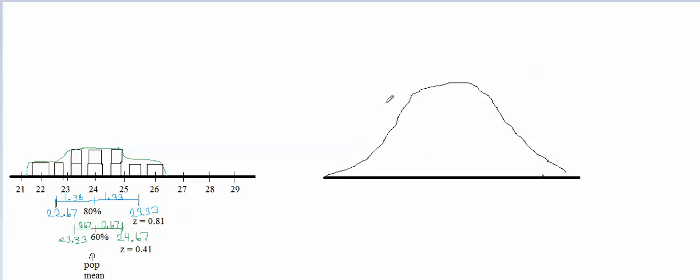But if the possible samples follow a normal distribution, then 80% of the possible samples will fall between these 2 points right here that I'll show you. 80% of the possible samples will fall between z equals... point, let me see.